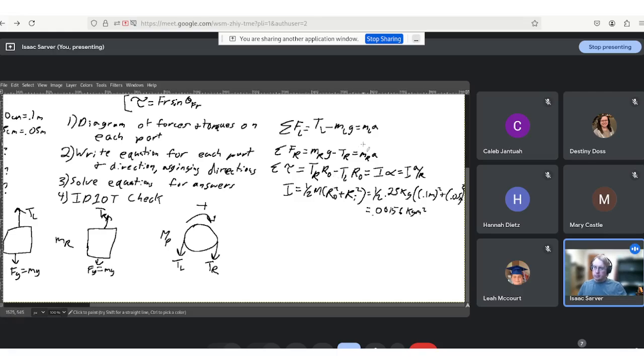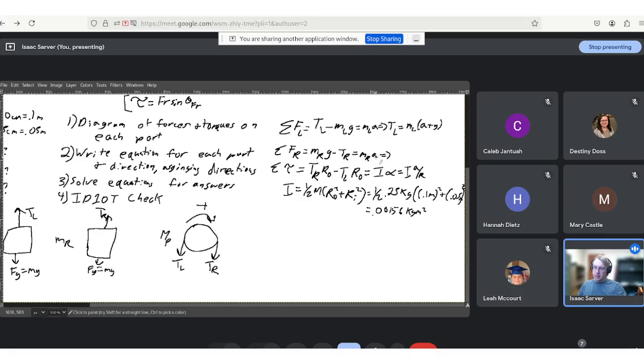Now, these two equations here on top, I'm going to solve for my T_L and T_R. So T_L, move that to the other side: T_L is equal to m_L times (a plus g). And for T_R, I need it by itself.